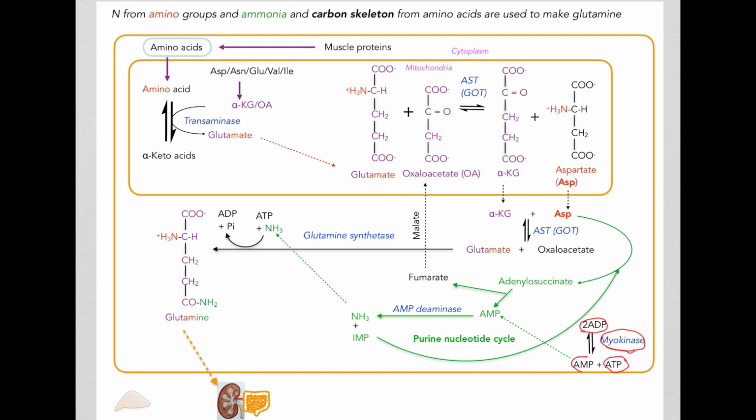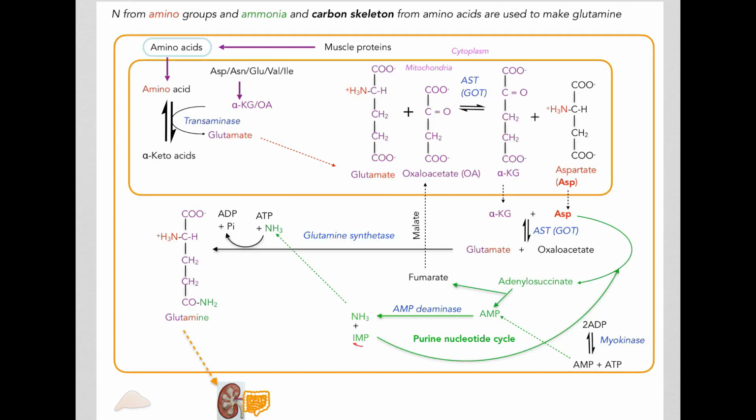And one of the products that is generated is AMP. The AMP then enters what we call the purine nucleotide cycle. And in the cycle, AMP is broken down by the enzyme AMP deaminase into IMP and ammonia.